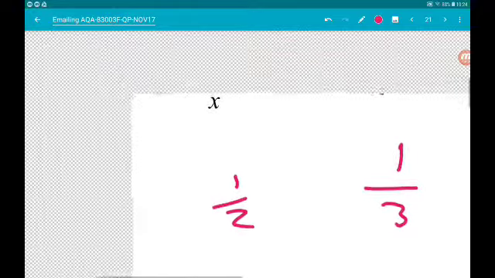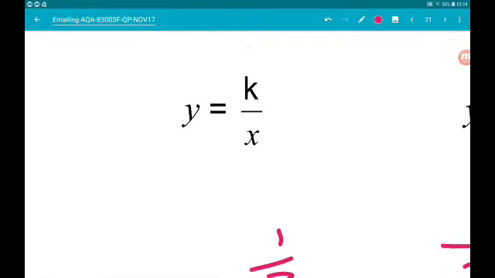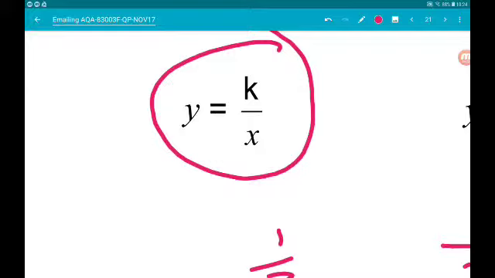So we're looking for an x on the bottom of a fraction, and this is actually it. When it says k is a constant, that just means a number that doesn't change. So for example, we could have it as 1. Then we can see as x gets bigger, the value of the fraction gets smaller, so y gets smaller. Cool.